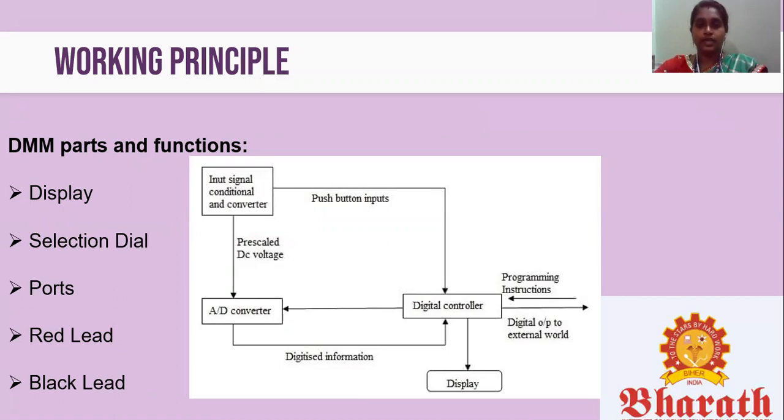As shown in the block diagram of a typical digital multimeter, the input signal, that is AC or DC voltage, current, resistance, temperature or any other parameter, is converted to DC voltage within the range of the analog to digital converter. The analog to digital converter then converts the pre-scaled DC voltage into its equivalent digital numbers, which will be displayed on the display unit.